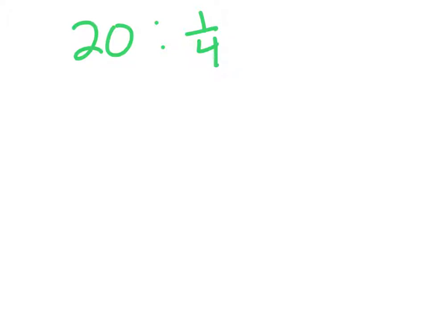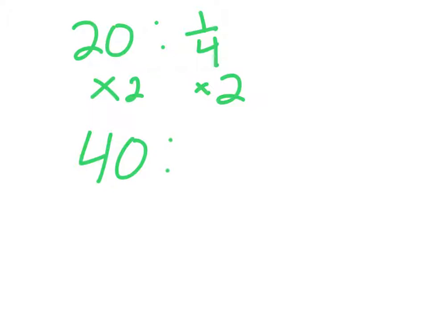What that means is if we were to double both of these, as long as I do the same thing to both numbers, if I multiplied them both by 2, then that means I have 40 students to every half of a teacher.